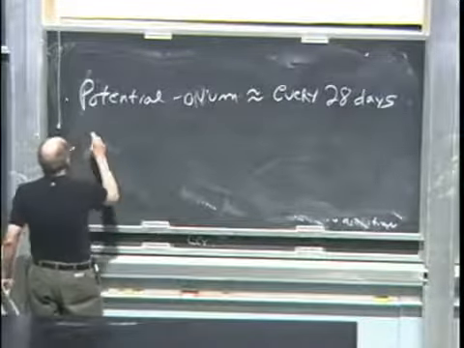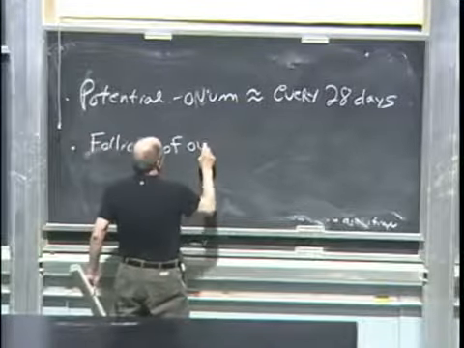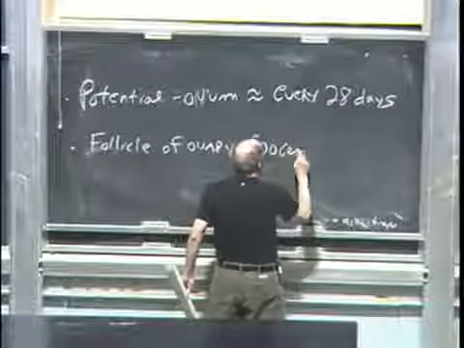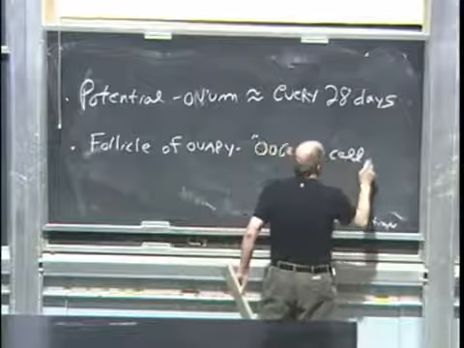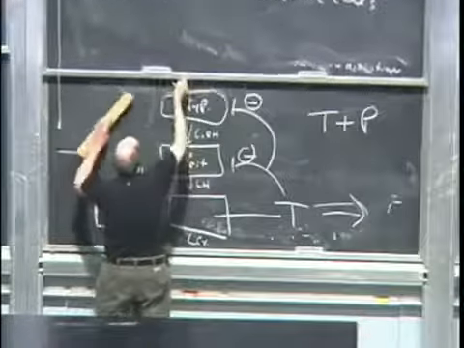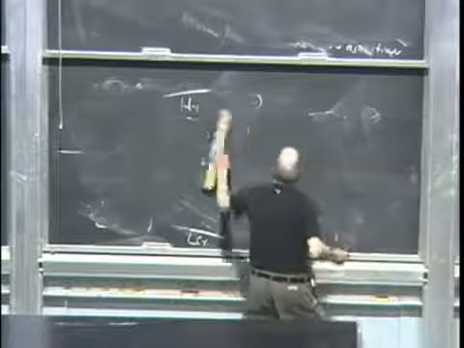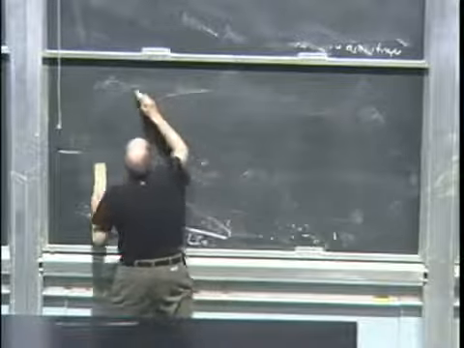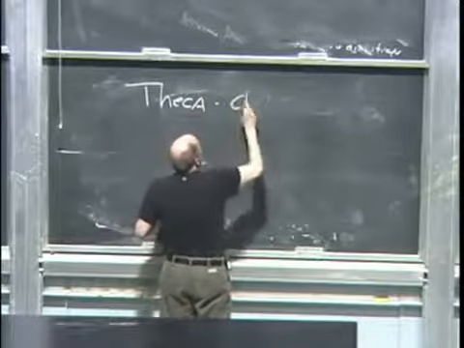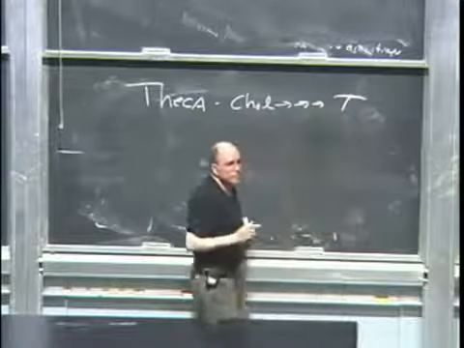And finally, this all takes place in the follicle of the ovary, which has oogenic cells. And there are accessory cells. As you might predict, you've got theca cells, which convert cholesterol into testosterone.